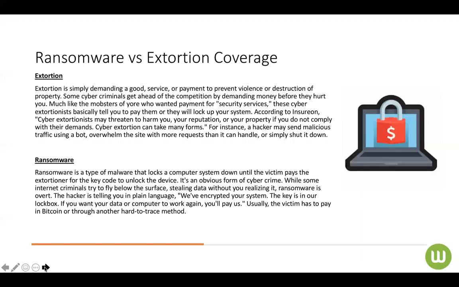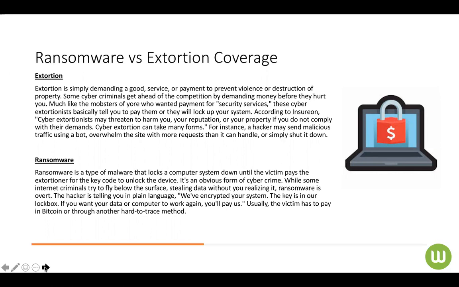We do see policies where ransomware does not appear to be included in the policy. So it's just something that we feel like is really important. So I'll go over that really quickly. Extortion is simply the demand for a good, service, or payment to prevent violence or destruction of property.